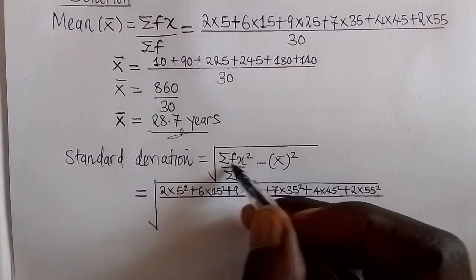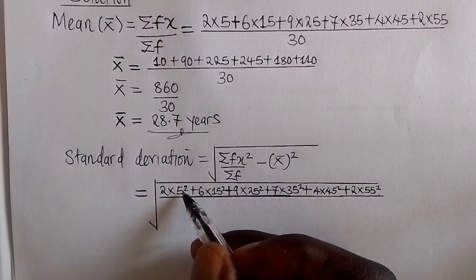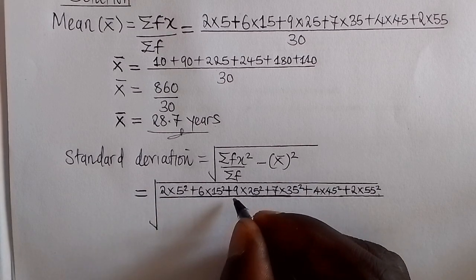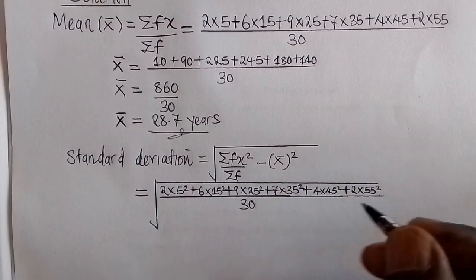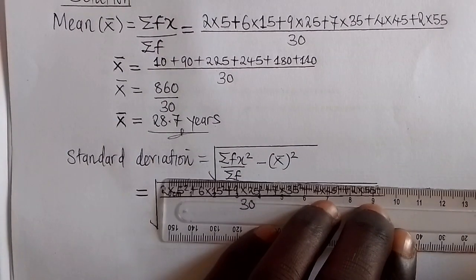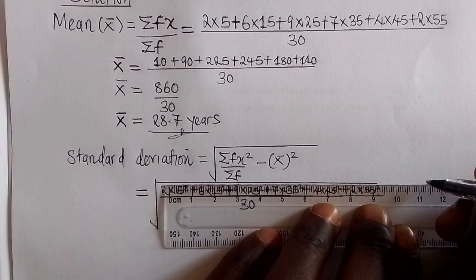So once we get this multiplication of frequency and the midpoint square, we're going to divide that by 30. So 30 is the summation of frequency. So we can just extend the square root so that we also incorporate x bar square.